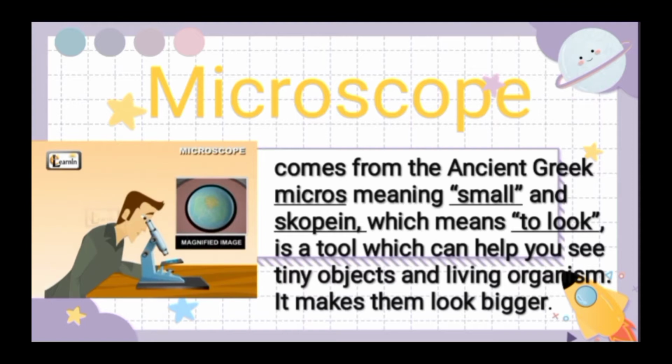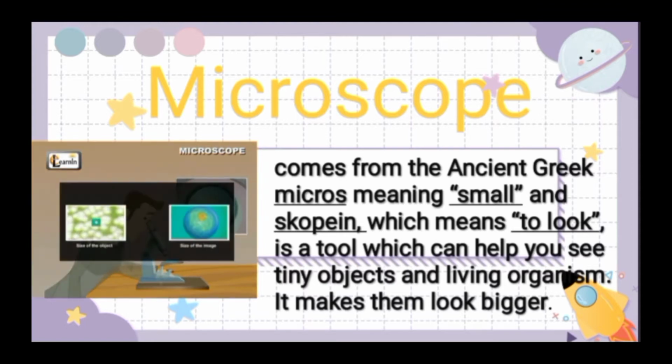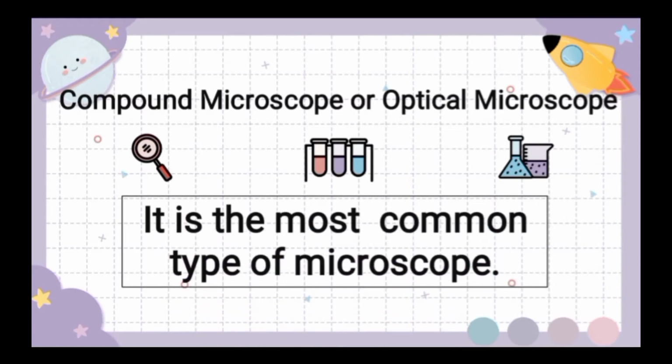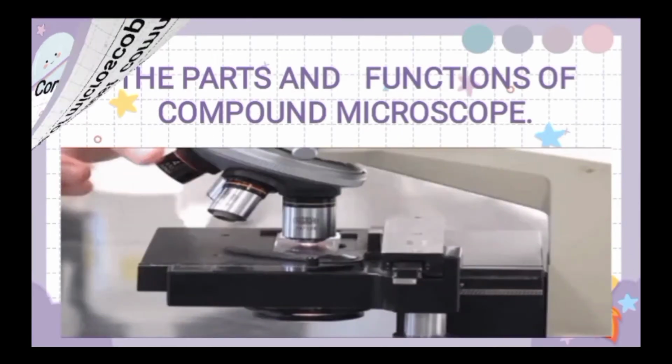It is an important investigative tool for studying objects and organisms around us. Microorganisms like bacteria can be observed through the use of the microscope. Compound microscope or optical microscope is the most common type of microscope.